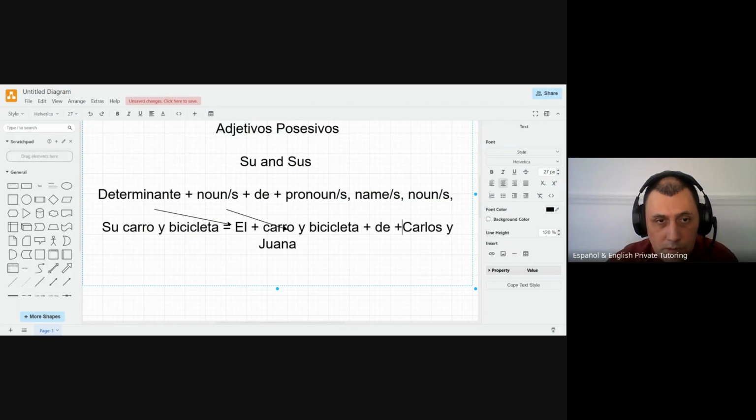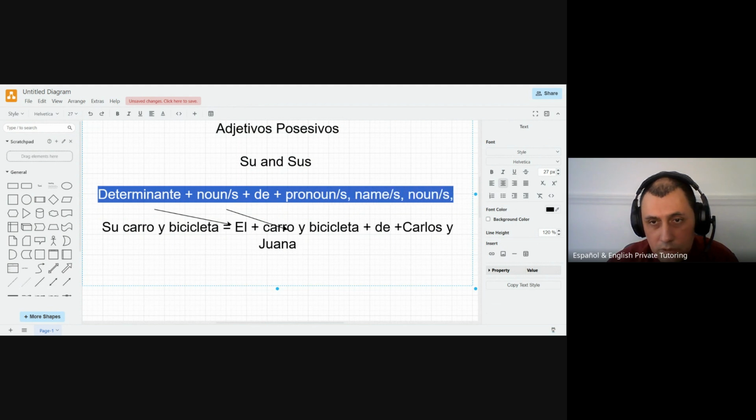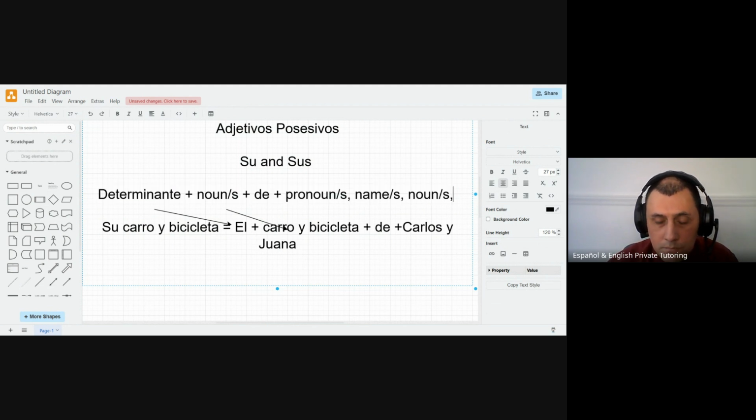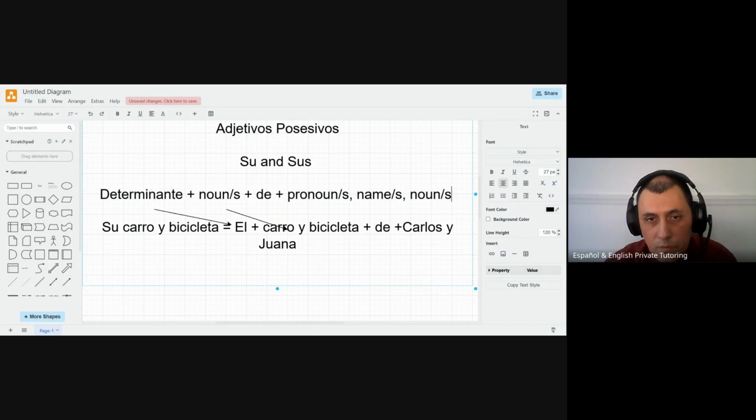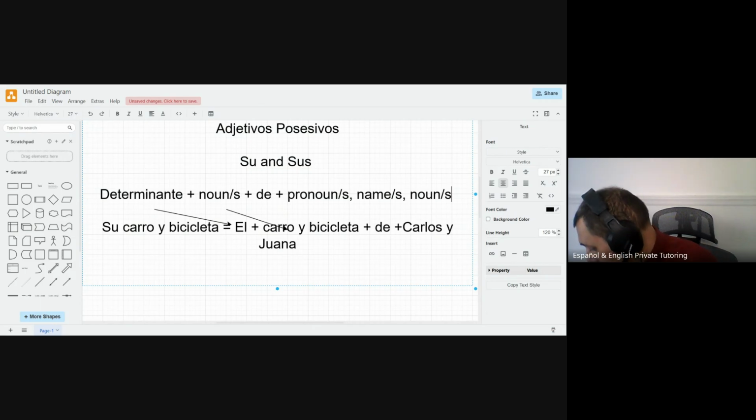Okay, so you can see this will be a better formula because it includes more things. That's it for page 102.